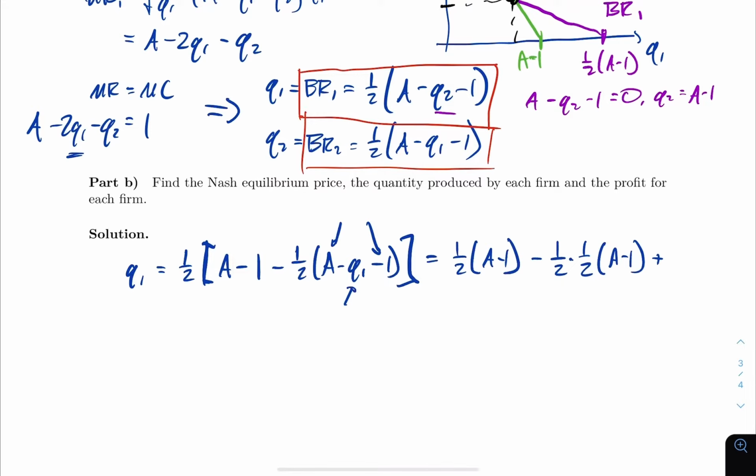So we're just picking up this and this, which leaves us with negative 1/2 times 1/2 times Q1. Okay, so from here we'll combine terms. We have 1 times Q1 minus 1/4 times Q1, and that's equal to (1/2 minus 1/4) times (A minus 1).